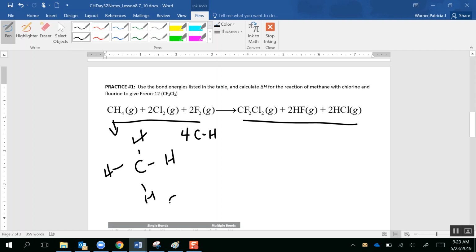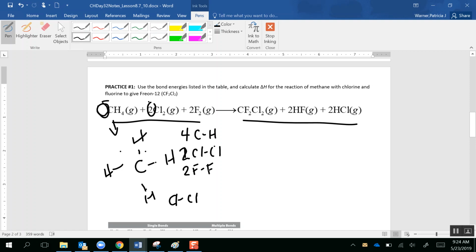The chlorine is going to form 1 chlorine-chlorine bond, but because we have a 2 in front of this, we're going to have 2 of those total. Here we had 4 carbon-hydrogen bonds. We didn't need to multiply it by anything because there was a 1 in front. Here, we have 1 chlorine-chlorine bond, but we need to multiply it times 2 because there's 2 there. And the same thing with fluorine-fluorine. So there's 2 bonds there.